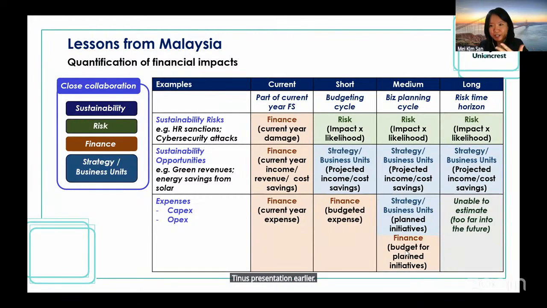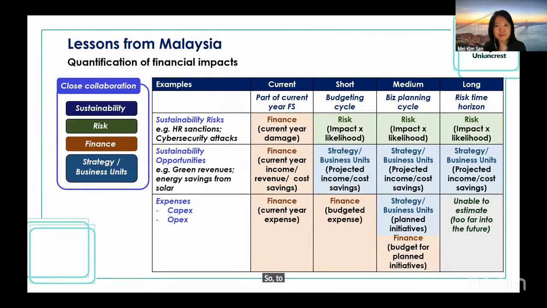Lock 4 functions into a room: sustainability, risk, finance, and business units or strategy. Gone are the days where the sustainability function can unilaterally, single-handedly manage this report or this business risk. It is not the case.